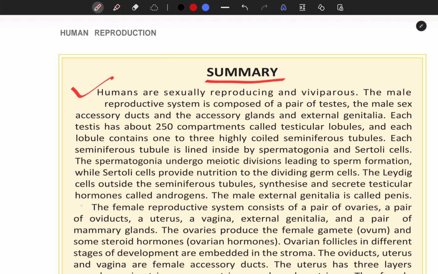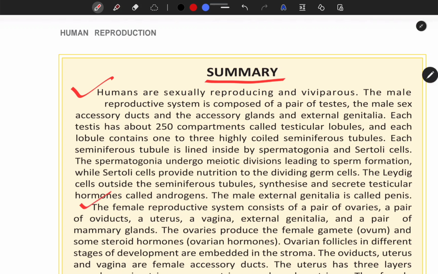Each seminiferous tubule is lined inside by spermatogonia and Sertoli cells. The spermatogonia undergo meiotic division leading to sperm formation, while Sertoli cells provide nutrition to the dividing germ cells. The Leydig cells outside the seminiferous tubule synthesize and secrete testicular hormones called androgens. The male external genitalia is called the penis.